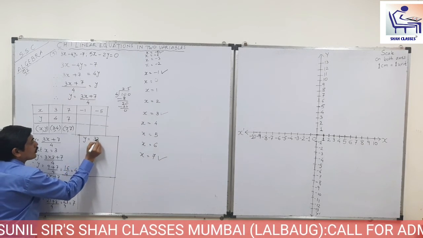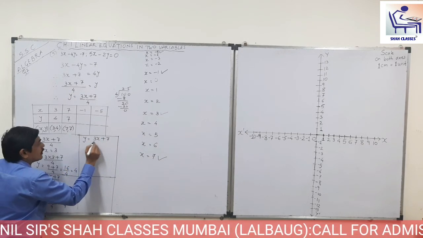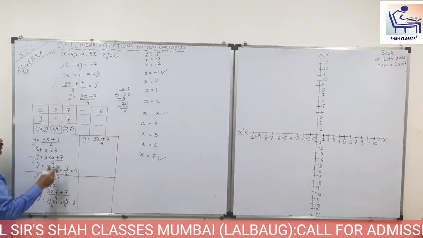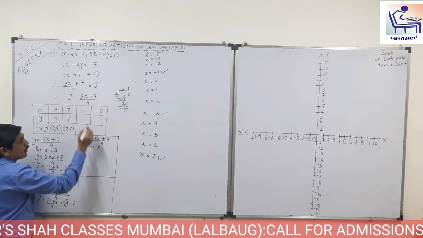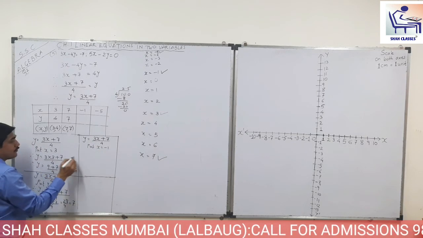y is equal to 3x plus 7 upon 4. Third value is, put x is equal to minus 1.